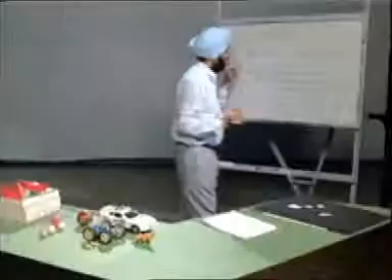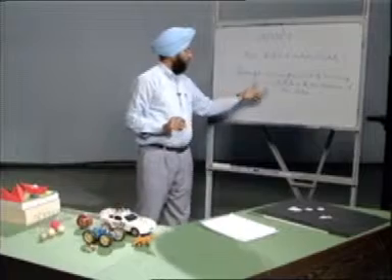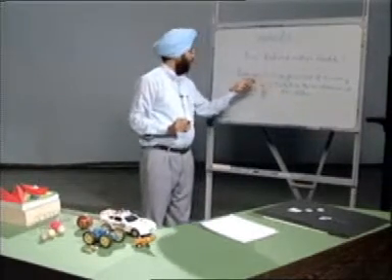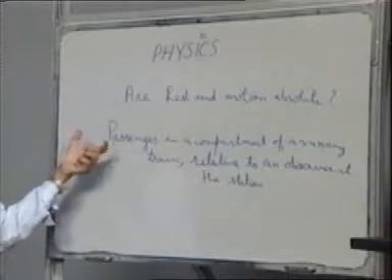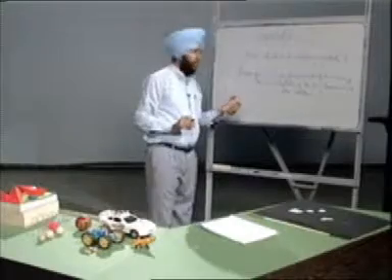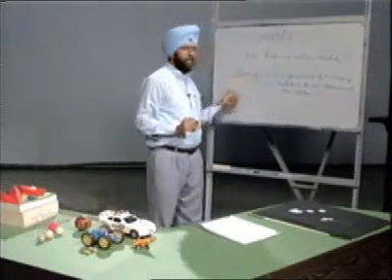Are they at rest with respect to the observer at the station also? No, the train is running relative to the station. So, that means the passengers and the train are in motion relative to this observer. Similarly, this observer is in motion in the opposite direction to these passengers and the train.